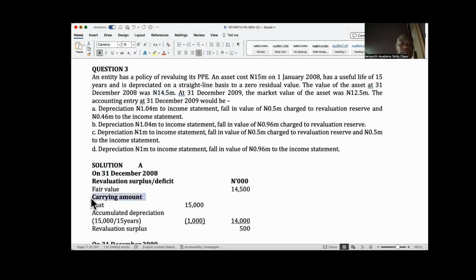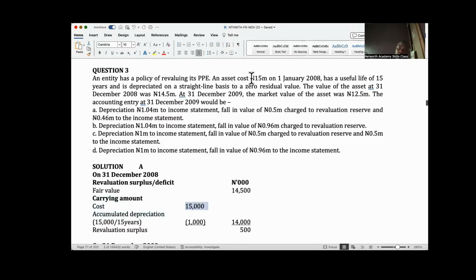I will compare it with my carrying amount, and my carrying amount is always my cost minus accumulated depreciation. My cost of the asset is 15 million. They told me my cost is 15 million, minus accumulated depreciation. Since they bought the asset that year, I'll be depreciating for the first time.